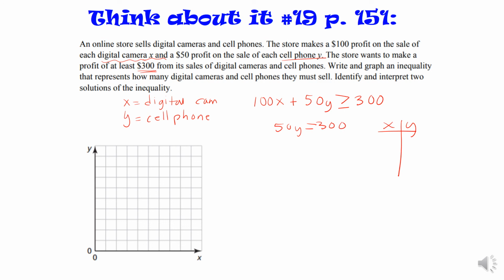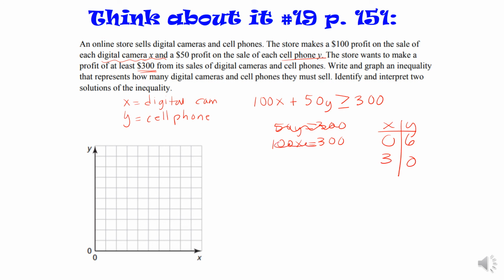So that would give you 6. Okay? Divide 300 by 50. Then we're going to look at just 100x is equal to 300 because we're just finding our intercept. So this is covering up the 50y. So we're going to divide and we get x equals, whoops, I forgot my zeros, x equals 3.